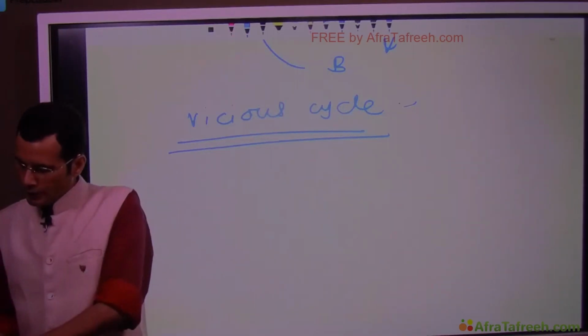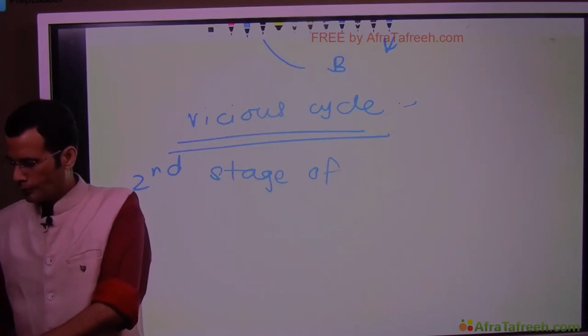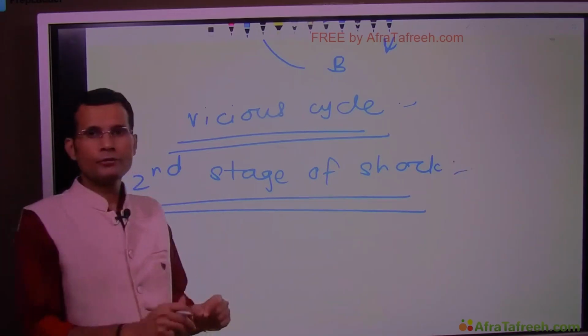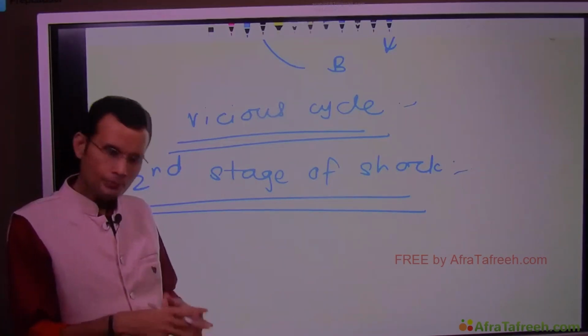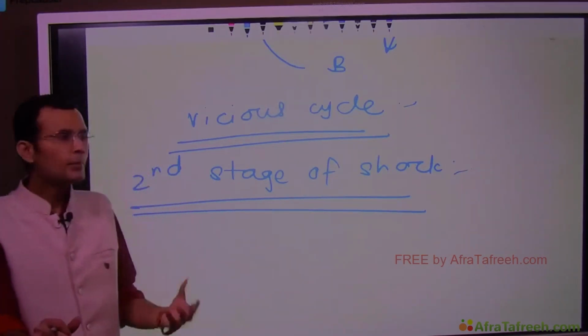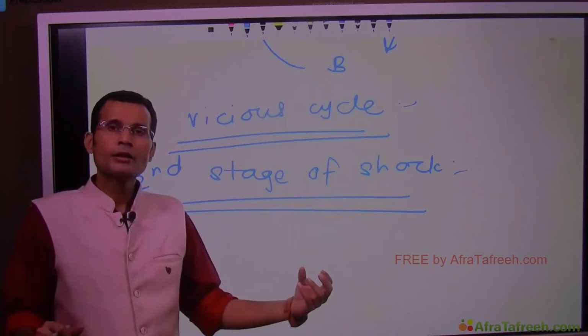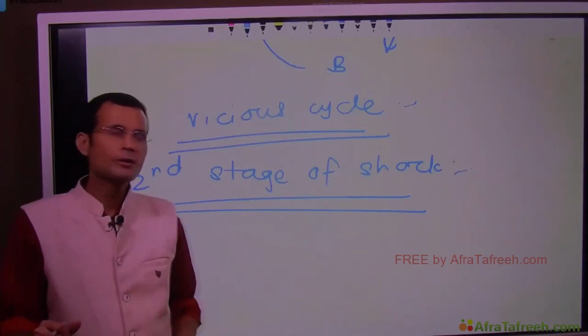For example, second stage of circulatory shock. Look, first stage of circulatory shock is dominated by negative feedback. Means all the negative feedback mechanisms try to bring the blood pressure and all the parameters back to normal.